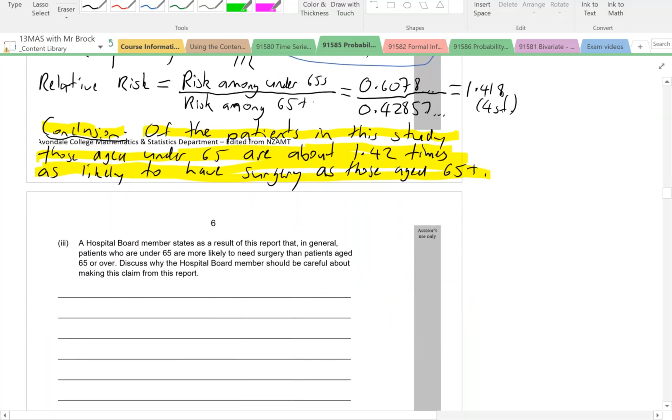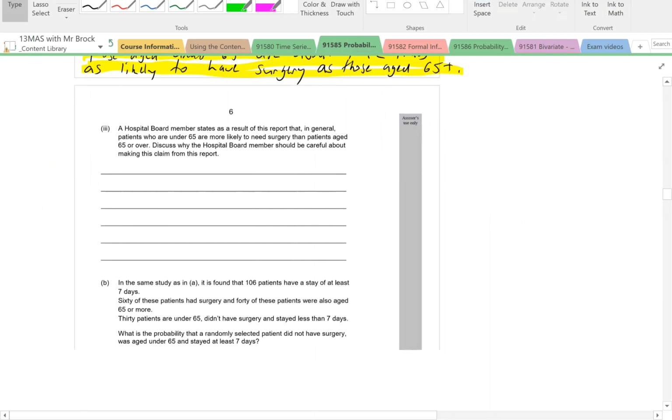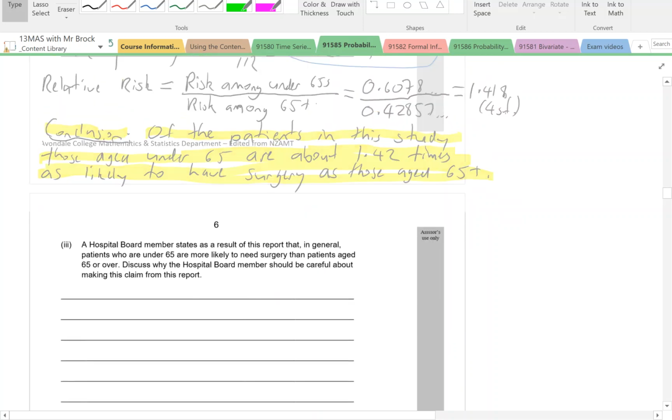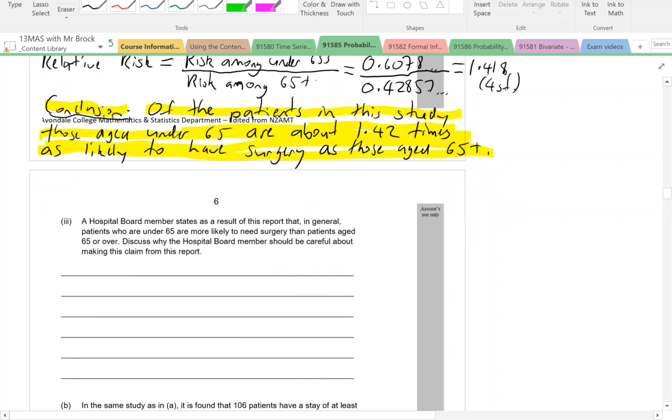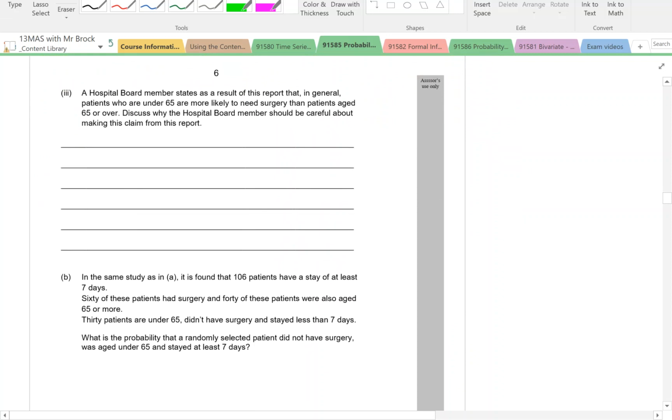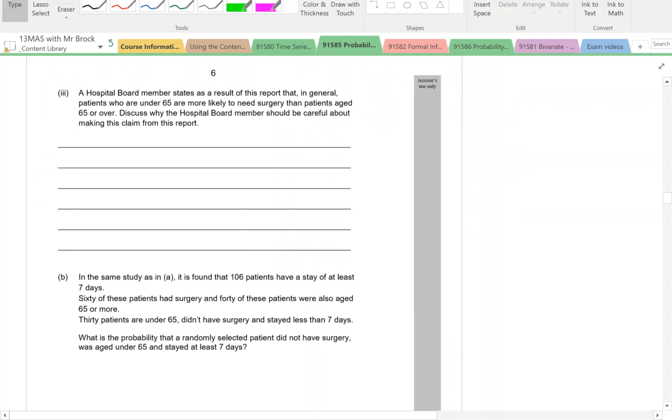On to part 3. A hospital board member states as a result of this report that in general, patients who are under 65 are more likely to need surgery than patients aged 65 or over. Discuss why the hospital board member should be careful about making this claim from this report.